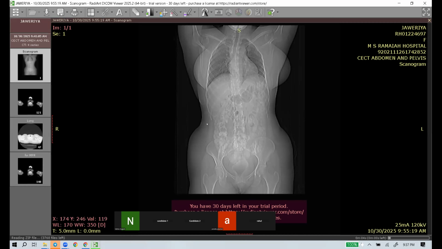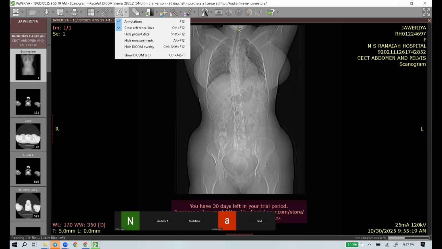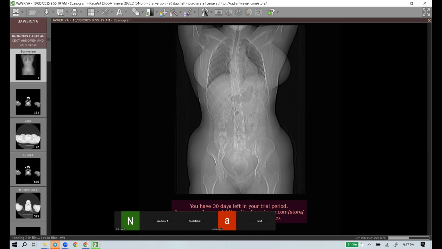So this is a lady who has come with acute onset of pain abdomen, whose age is 28. Okay, I'll just give you the abdomen. Just give me some time to load.